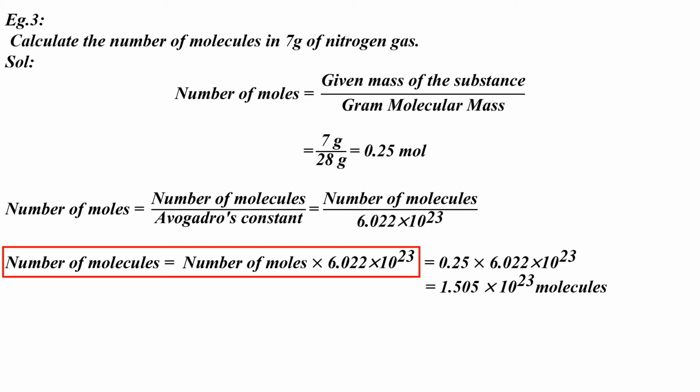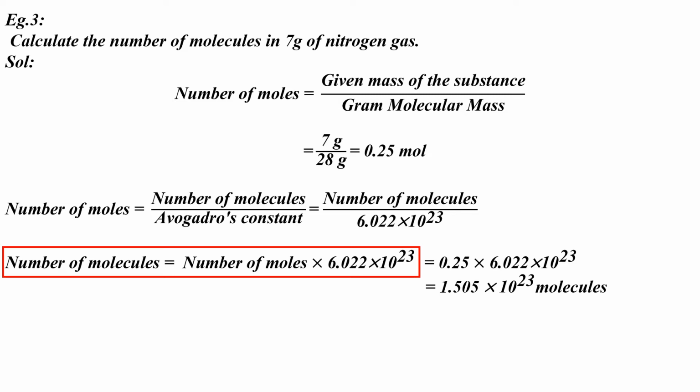So 14 gram plus 14 gram gives you 28 grams. On substituting the given mass of the substance in the numerator, which is 7 grams, we get a value of 0.25 mole as the number of moles present in 7 grams of nitrogen gas. So 0.25 moles of nitrogen is present in 7 grams.